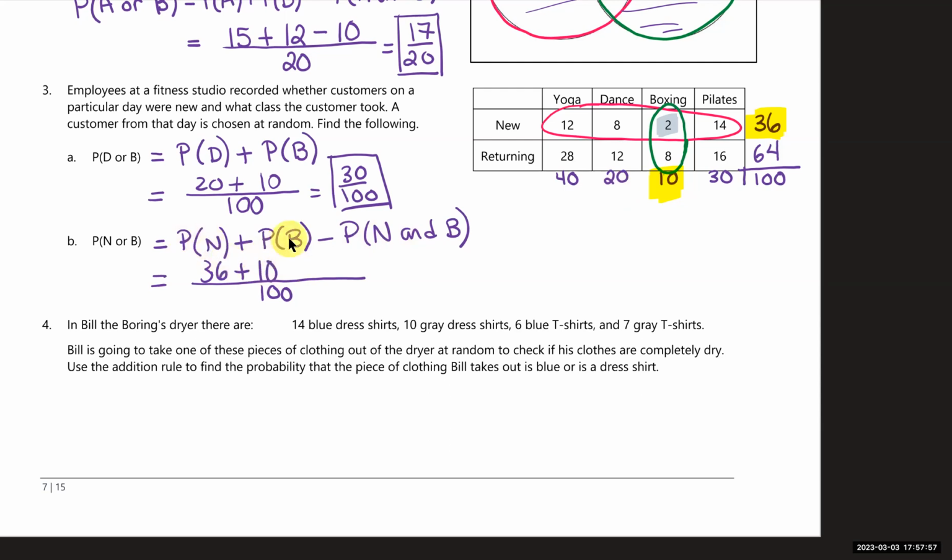So the total plus the total. And then I always subtract anybody that was part of both groups, and that was the two people there that were in the intersection. So I say total, total minus both. Total, total minus people that were part of both. All right. And that, I believe, is 44 over 100.